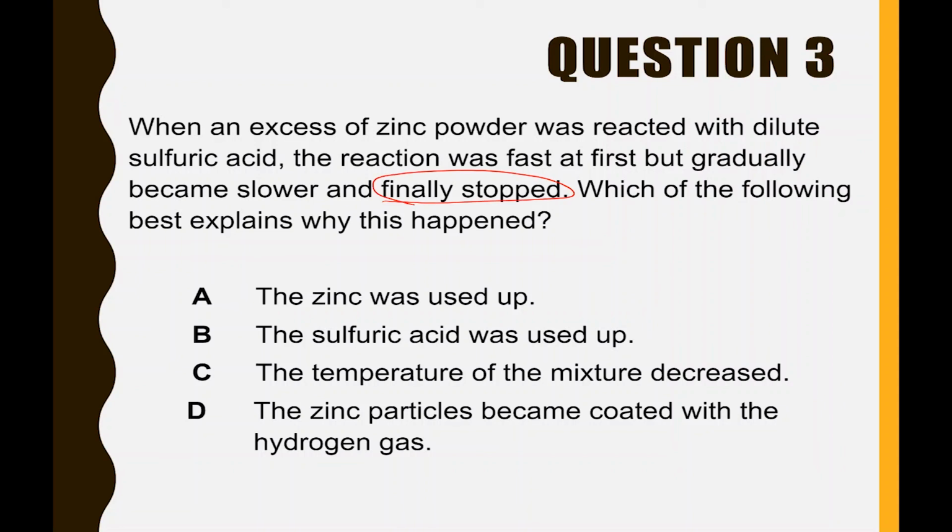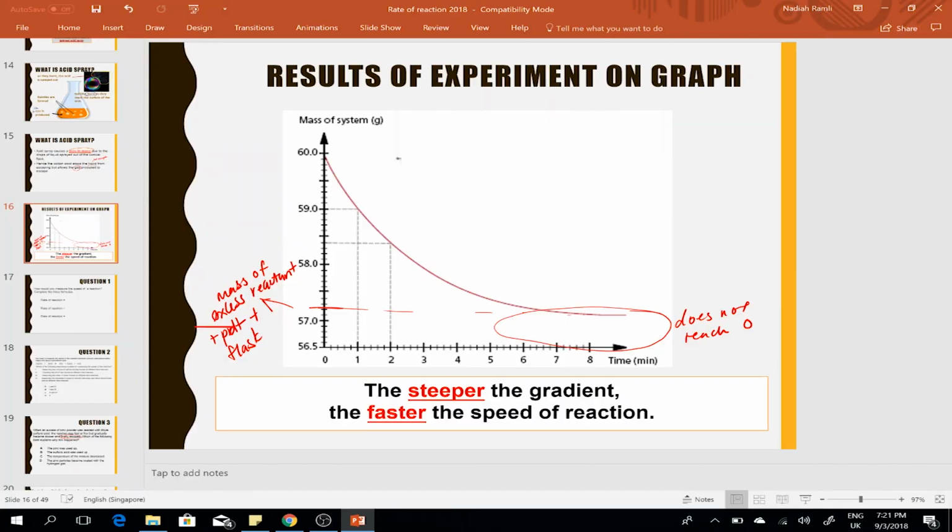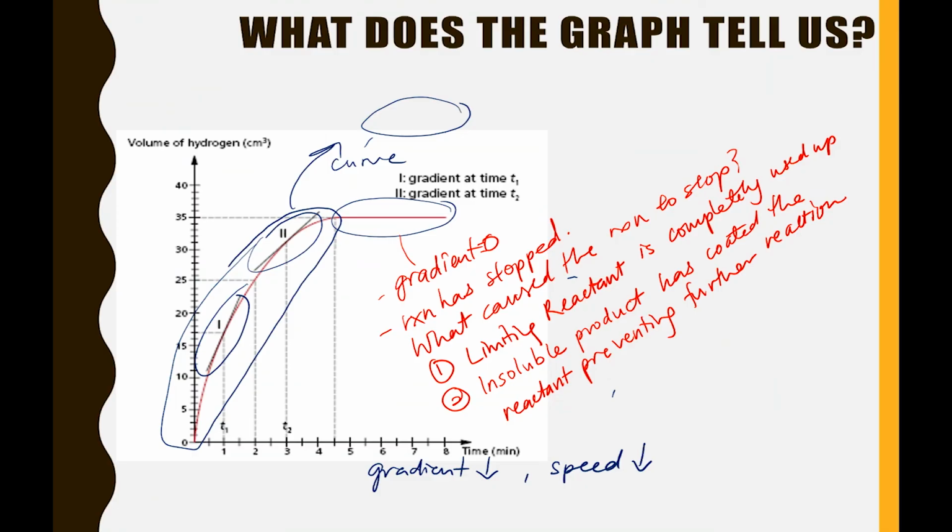If you refer to the previous part of the notes, let me show you which one I'm talking about. Here. If you look back at your notes, there are two ways a reaction can stop. Number one, your limiting reactant is completely used up. Number two, the insoluble product formed has coated the reactant, preventing further reaction.